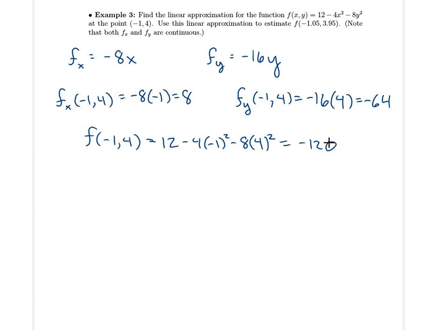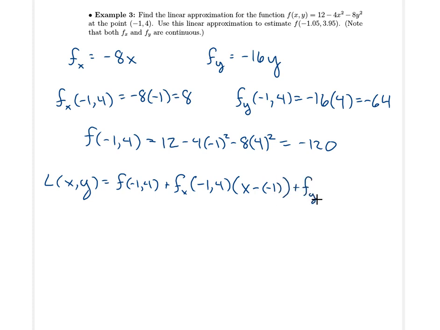So what we know is that the linear approximation of this function at xy at the point negative 1, 4, and let me just write out the formula real quick. f of negative 1, 4 plus the partial with respect to x at negative 1, 4 times x minus negative 1 plus the partial with respect to y at negative 1, 4 times y minus 4.